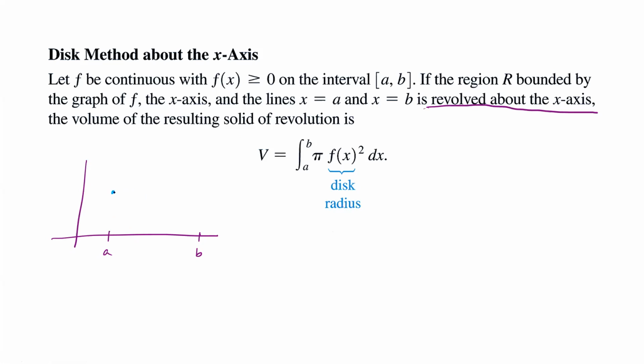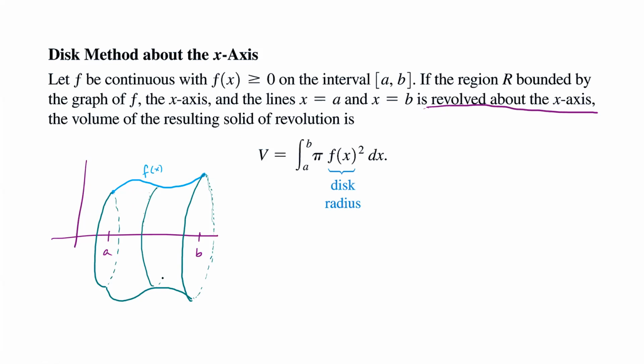Whatever our solid looks like, it's formed by taking this curve f of x and revolving about the x-axis. We see that the cross sections here are disks.